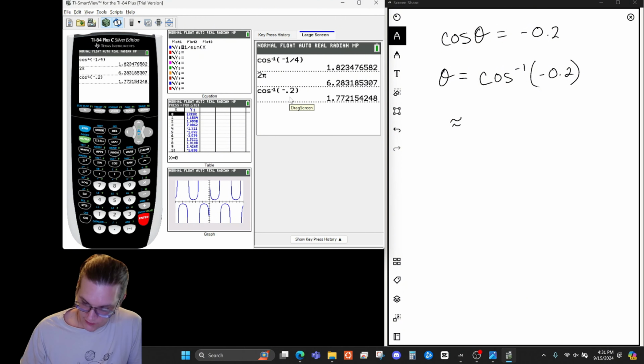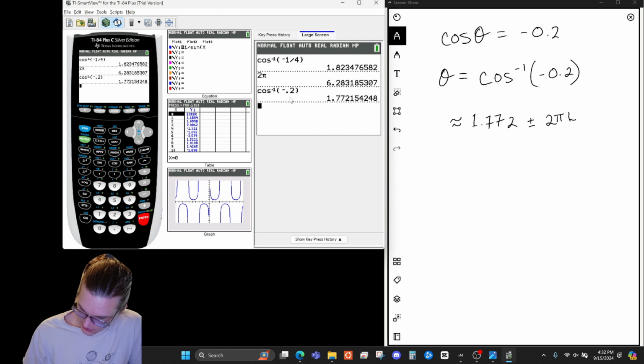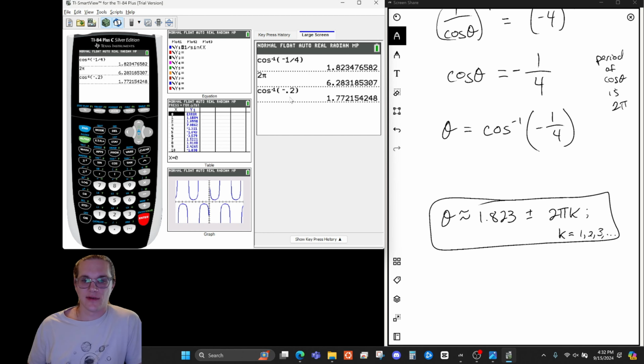So it equals about 1.772, plus or minus your period of cosine times arbitrary integer. So this is for all of the integers: 1, 2, 3, and so on. I didn't write it on the last one. Sometimes people just leave it out, but it should be stated what you're talking about, where k is some integer.